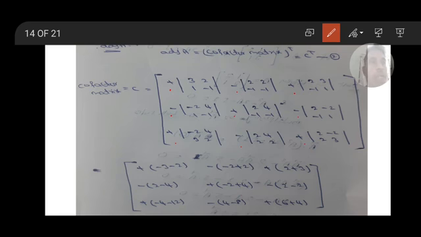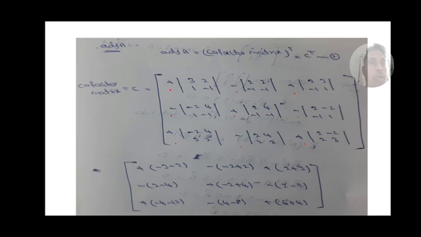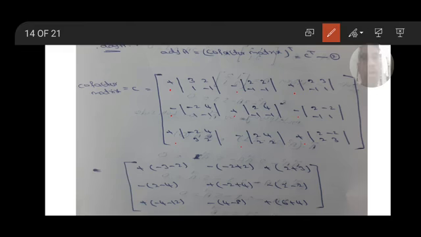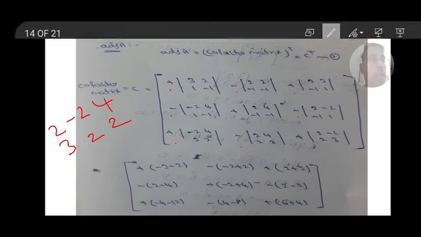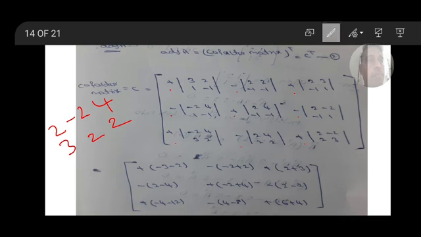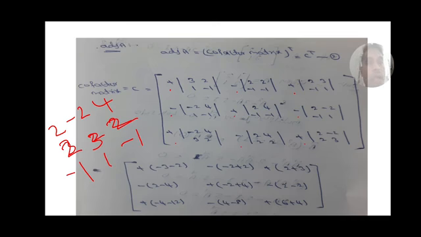We have to see the matrix once again. 2 -2 4, 2 3 2, -1 1 -1. It is the matrix. I will explain the first row, the remaining you can write.